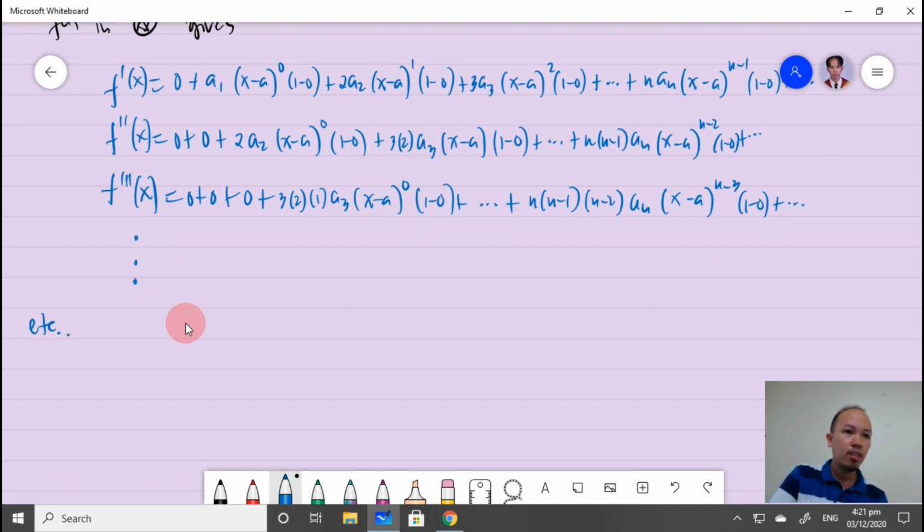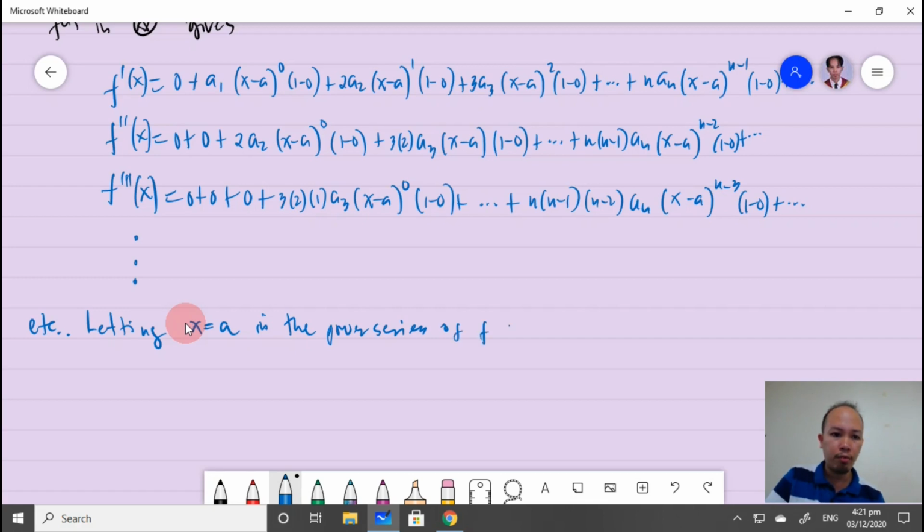Okay, so now we let x be equal to a in the power series of f and its derivatives.